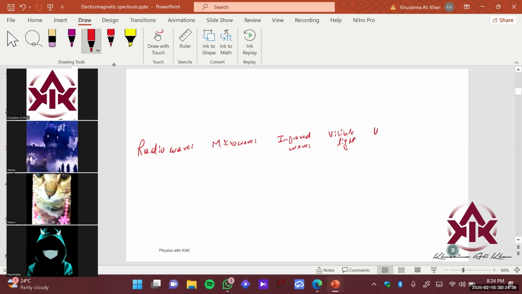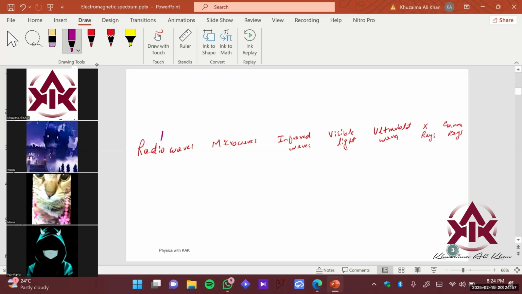Then you have ultraviolet light, ultraviolet waves. Then you have X-rays, and then you have gamma rays, right? And what is the order of frequency?